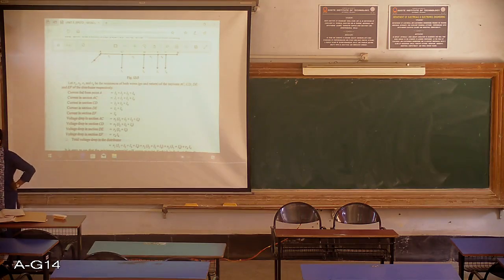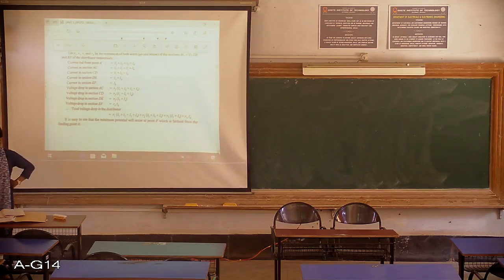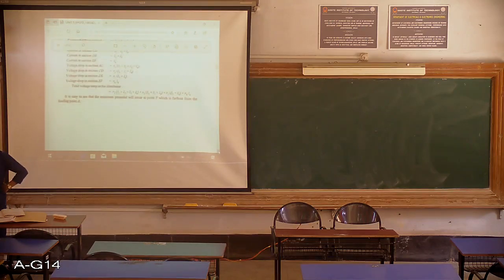These will be the voltage drops in the particular sections. What will be the total voltage drop in the distributor? You have to add all the drops: in AC, then CD, then DE, and finally EF. All together this represents the total drop in the distributor.